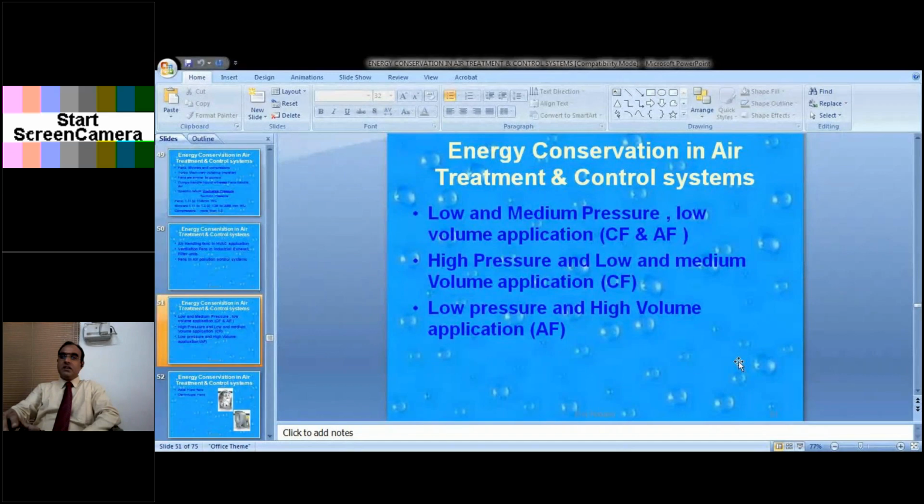So we have different fans for different applications. For low and medium pressure, low volume applications, we can use both centrifugal fans as well as axial flow fans. For high pressure, low and medium volume applications, we have to use only centrifugal fans. For low pressure and high volume, we have to use axial flow fans.